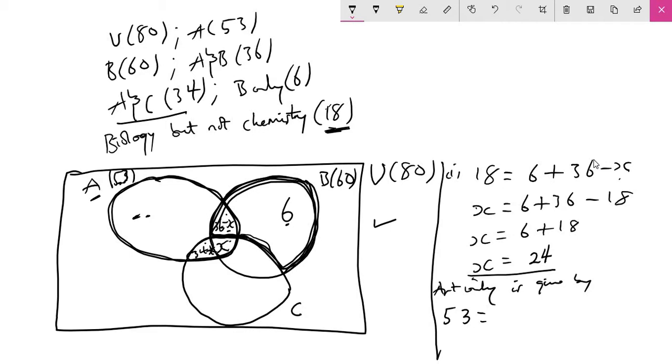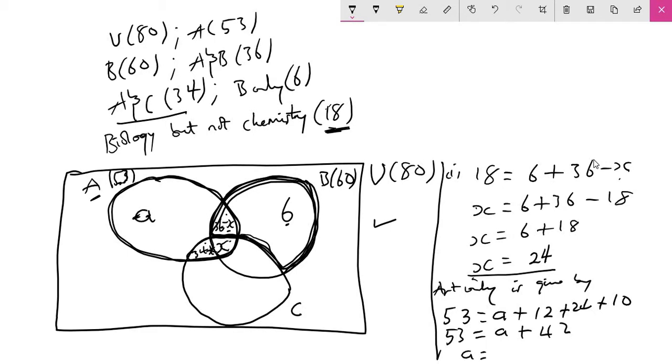Let's call this place A, small a, for the value of art only. So A plus 36 minus x, we just found x to be 24, so 36 minus 24 would be 12. So plus 12 plus x, which is 24, plus 34 minus x, which is 34 minus 24, gives 10. So 53 equals a plus all these add up to 42.